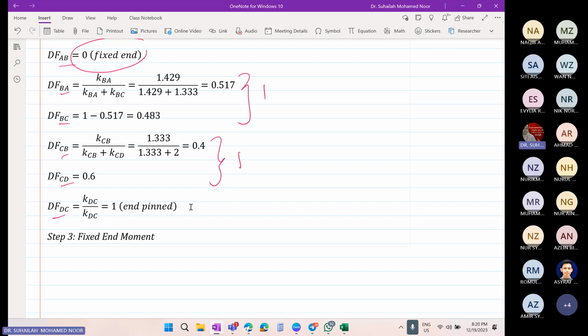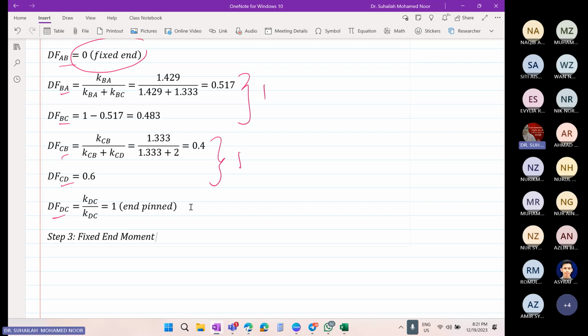So fixed end moment means we have to distribute the loading to the joints, equivalently, just like what we have done previously in the stiffness method.